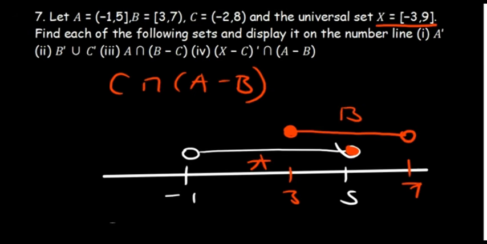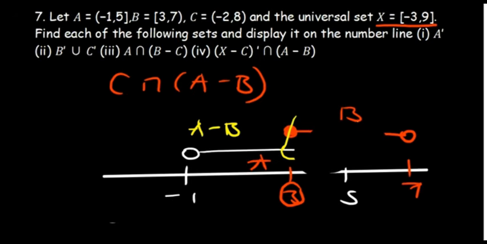For our A minus B, we need to exclude every region that is part of B. All this region is part of B, so we'll cut it out, and whatever remains is going to be our A minus B. Since 3 is part of B, it is not going to be part of A, so we'll not shade the 3.